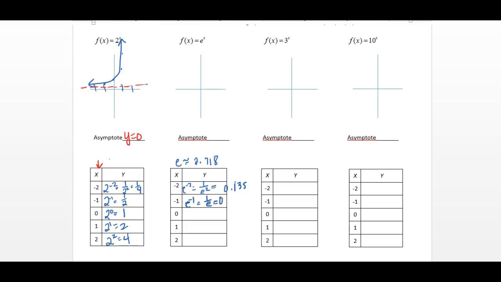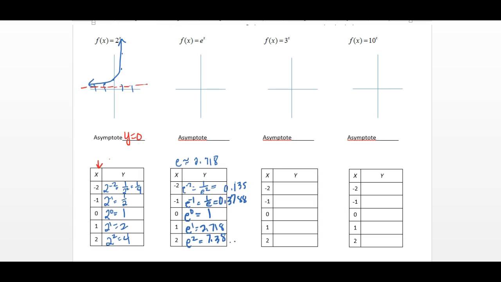Put that in your calculator and you get 0.3788. e to the 0 power is just 1. e to the first is 2.718, or 2.72. e squared is 7.389.